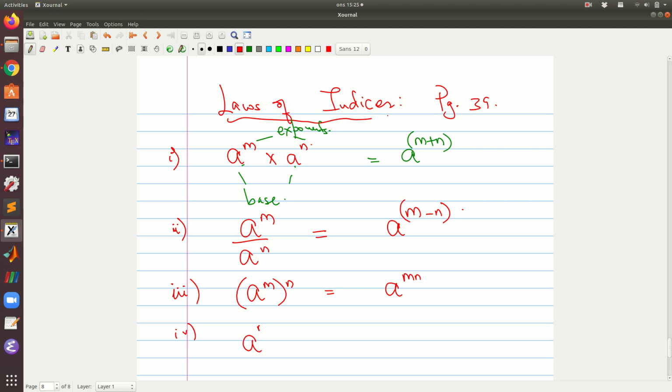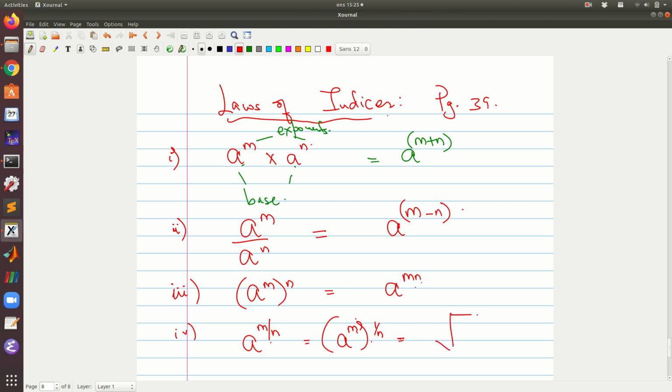Then a to the power m divided by n, we can write it in the form of a to the m, using the third law here, and then outside times 1 over n, because we know this goes back to what we already said, m times n. This is m times 1 over n, which gives us m over n.